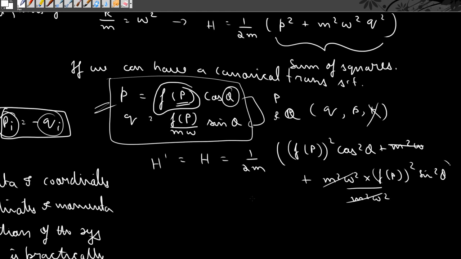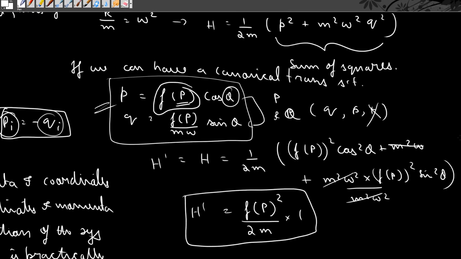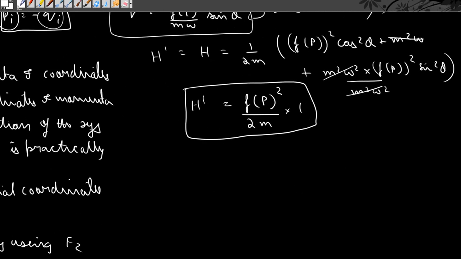So these will get cancelled, and what we will get is f of P the whole square by 2m into 1.